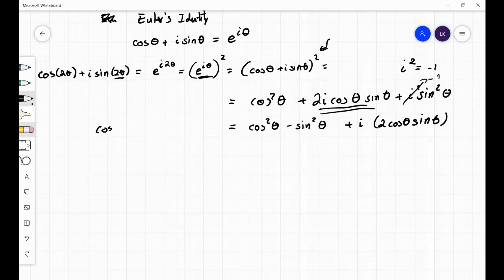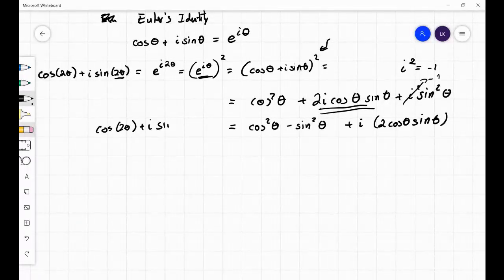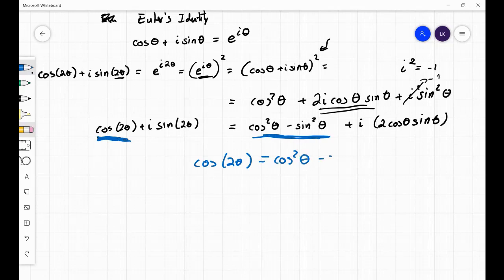And so the idea is that for two complex numbers to be equal, the real parts, the parts that don't get multiplied by i, have to match. And of course, the imaginary parts, the ones that get multiplied by i, have to be equal as well.